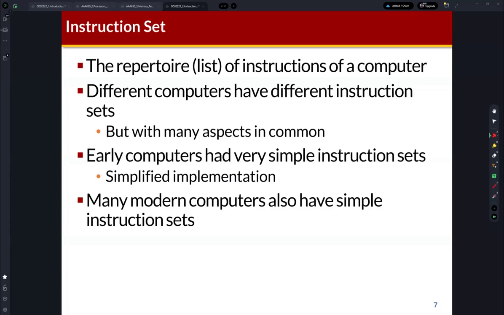It defines the RISC-V instructions and the results of instructions. So you can read the manual if you are interested. The instruction set architecture is the repertoire of instructions, and it also defines the registers and the memory.